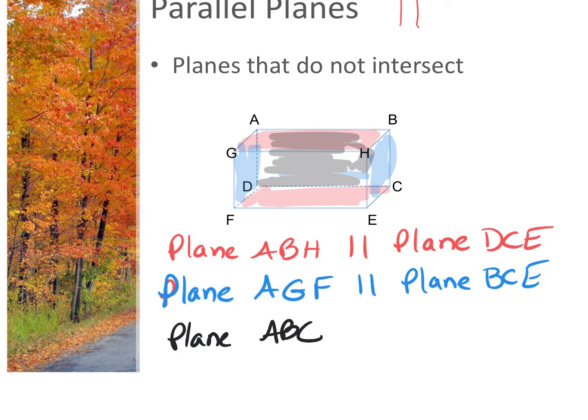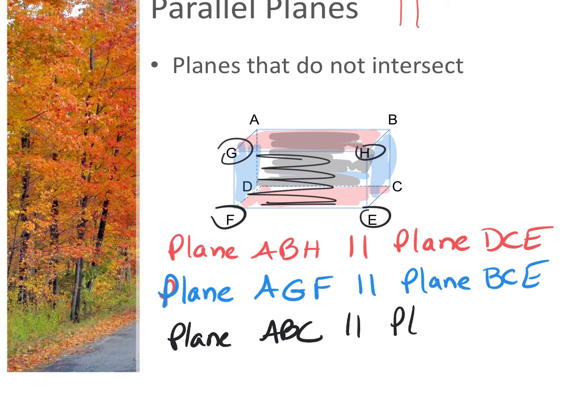But then I also have the front here, which would be GHEF. So I would pick 3 of those letters. So I could say it's GHE. Any combination of 3 letters going around each one of those planes. And again, remember the 2 lines are the symbol for parallel.